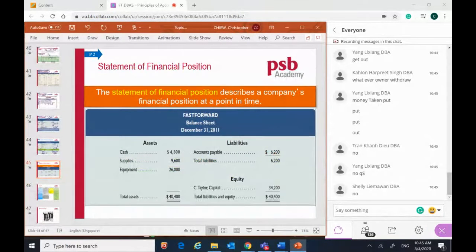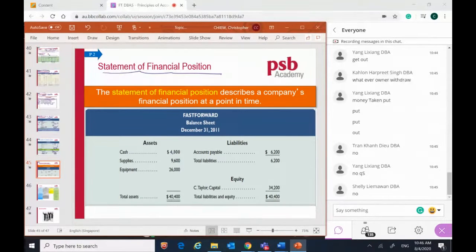Now, the last report is called the statement of financial position. Now, your statement of financial position will show you what the company have, what the company owe, and how much of this belongs to the owner. In other words, it shows you the accounting equation.